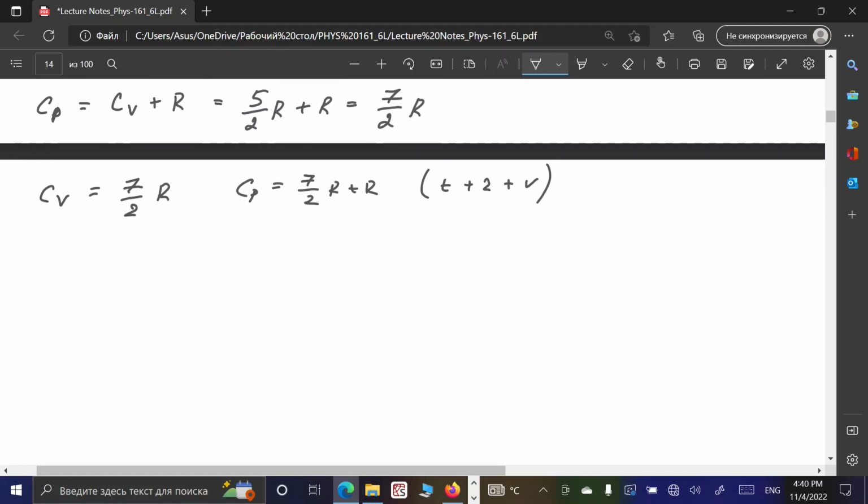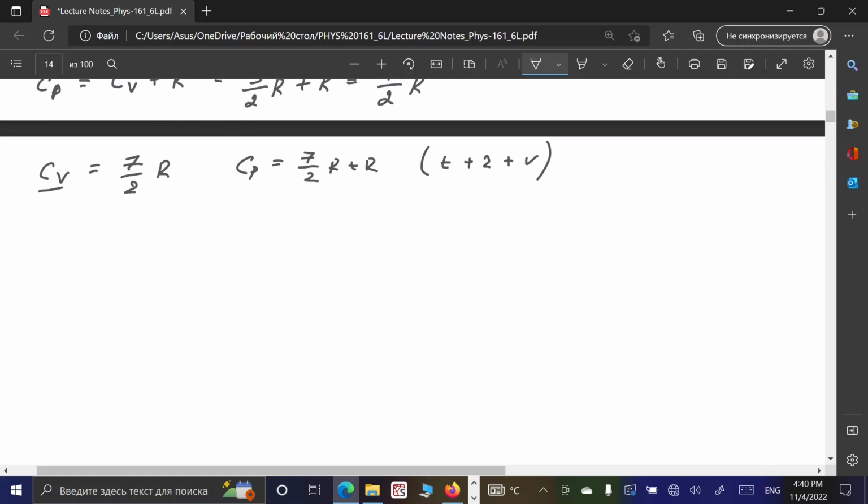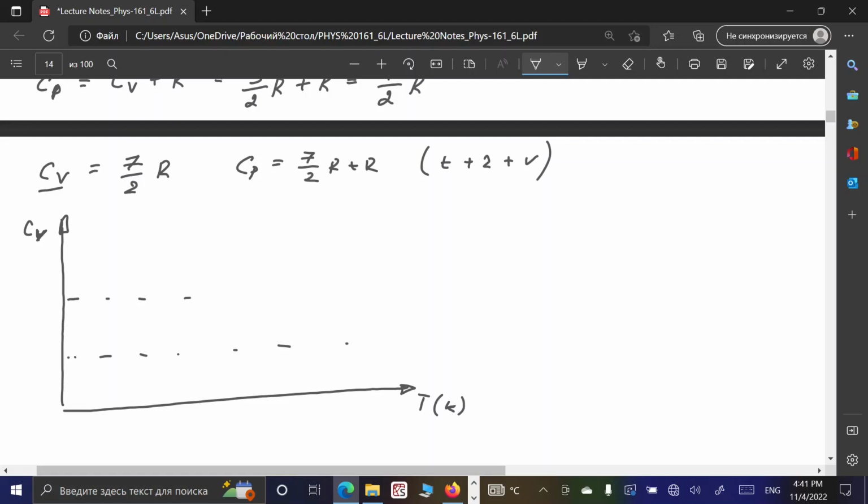So now we consider Cv as a function of temperature, because as I mentioned, it will not always be the same. It will depend on the temperature of the ideal gas. So let's say here we have Cv, here we have temperature in Kelvin. So we can consider 3 possible values. They cannot possess any different values besides these which we define.